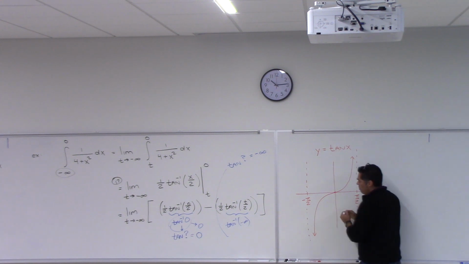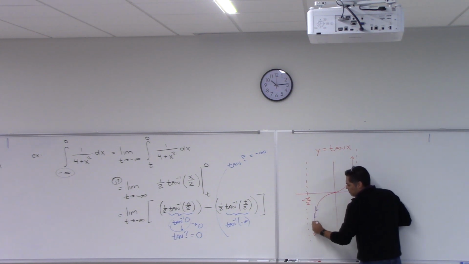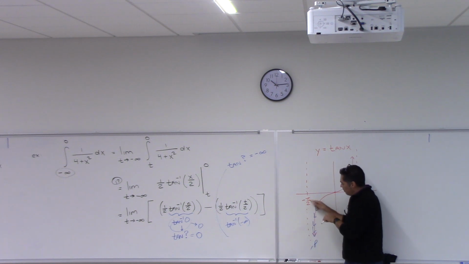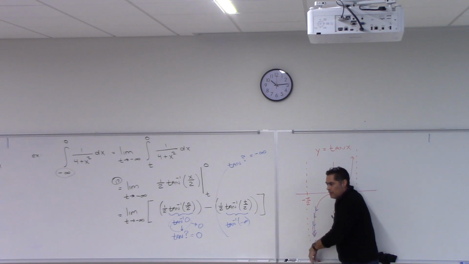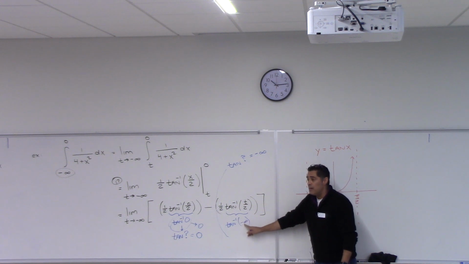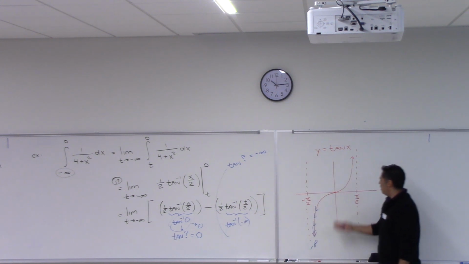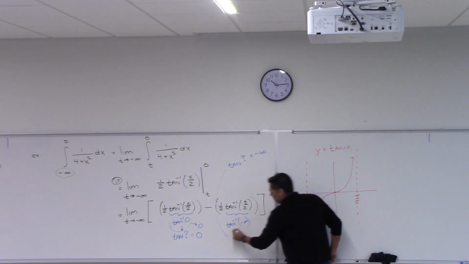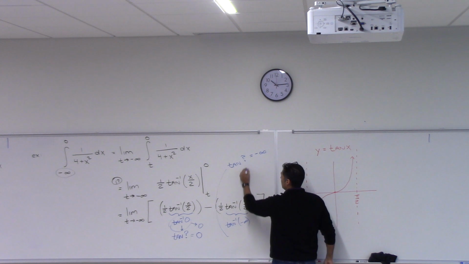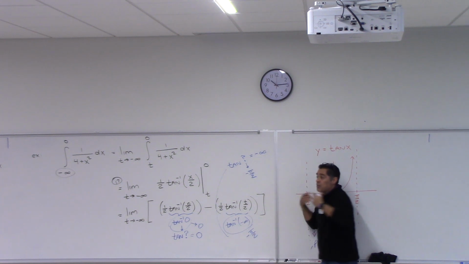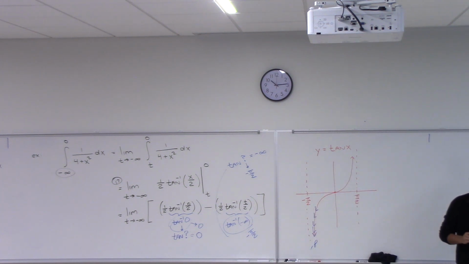As I approach negative pi over 2, where's the tangent function headed? Down here to negative infinity. So what angle produces a negative infinity coming out? It's going to be negative pi over 2. Had this been positive infinity, then what would it have been? Positive pi over 2, okay? So this means that the angle must be negative pi over 2, which means that this is negative pi over 2. When you take a limit, that's what it's approaching.